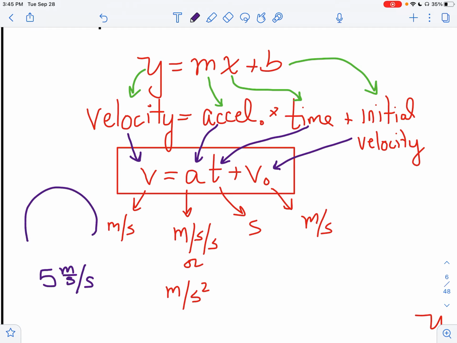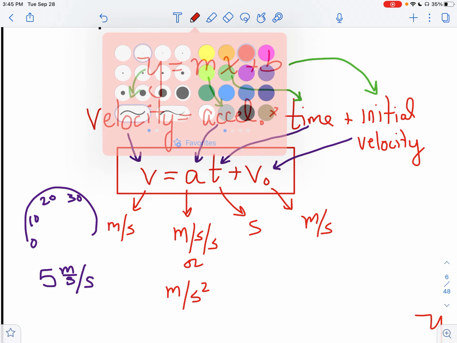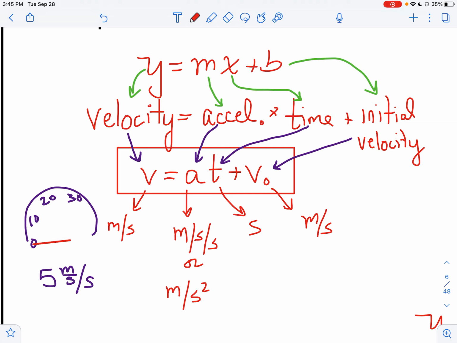So for instance, like on the speedometer in your car, maybe here's your speedometer. So we start off at 0 and we go 10, 20, 30. Our acceleration would be how quickly that would happen. So this would be a very small acceleration, taking a long time.